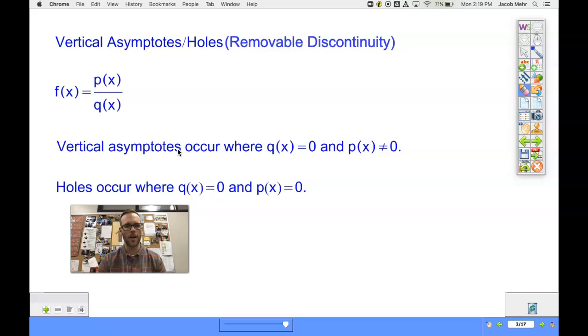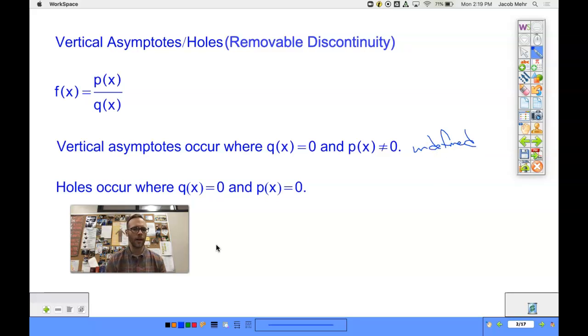So vertical asymptotes occur when q of x equals 0 and p of x does not equal 0. That is called undefined. Holes happen where q of x and p of x are both 0, where the numerator and denominator are both 0. That's called indeterminate. So that's what we're looking for.